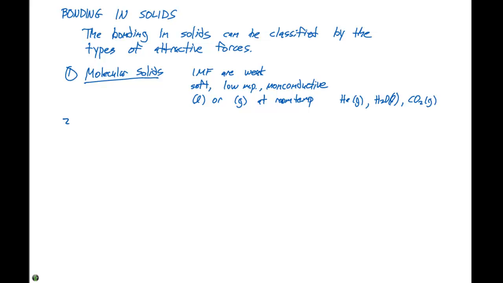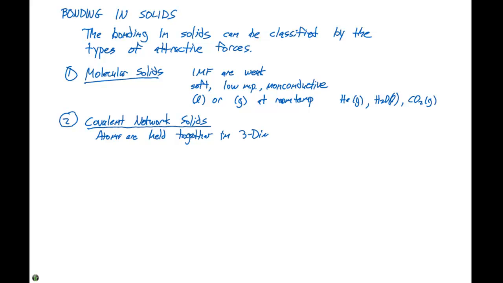The next form is covalent network solids. And covalent network solids are atoms held together in 3 dimensions by covalent bonds.